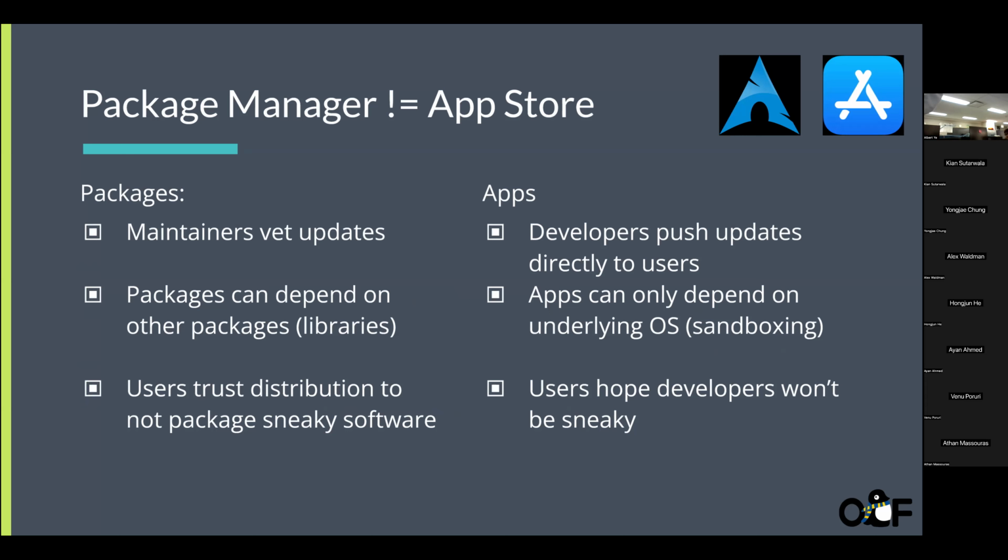People can push forward updates, and the maintainers will be like, yeah, that sounds good, and then do stuff with it. Packages can also depend on other packages, so it's like you cannot run this package unless you have that package installed. Users also trust the distribution not to package sneaky software as part of the vetting process talked about, whereas for apps, users just have to hope developers won't be sneaky.